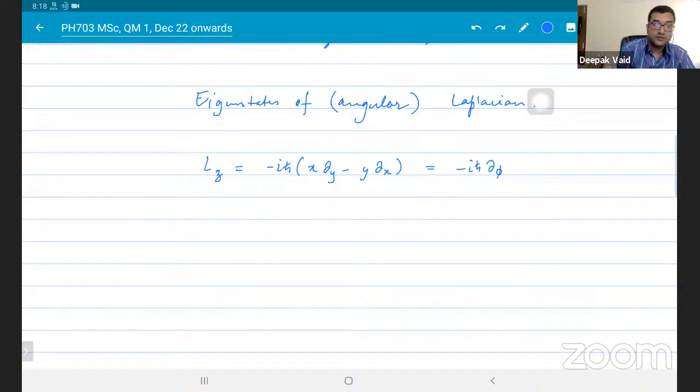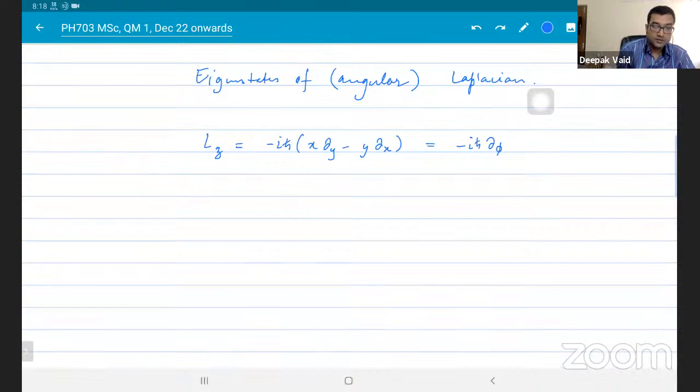So then we have the other two terms, Lx and Ly. Let's see. What is another, slightly faster way to get this?